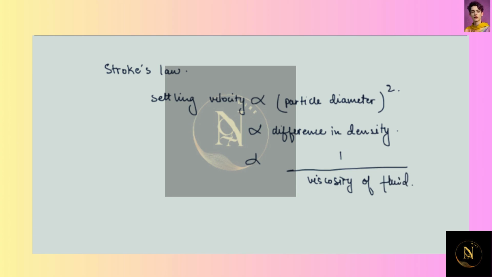Then the settling velocity can be calculated using the formula g multiplied by d raised to the power 2 multiplied by rho p minus rho f, all divided by 18 multiplied by mu, where g is the acceleration due to gravity, which is 9.8 meter per second square, d is the diameter of the particle, rho p is the density of the particle, rho f is the density of the fluid, and mu is the viscosity of the fluid.